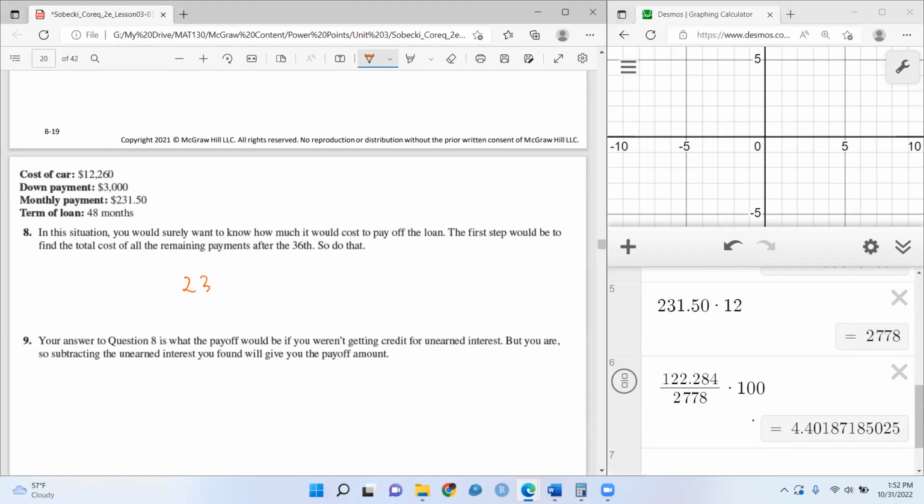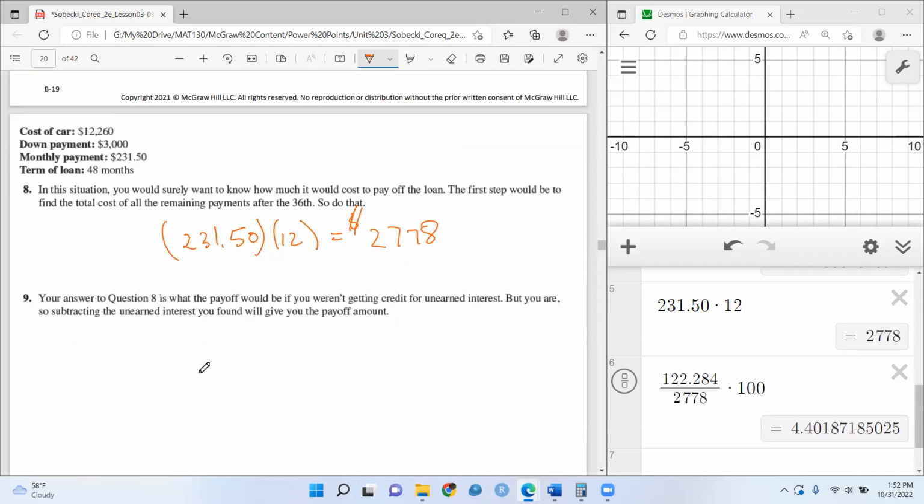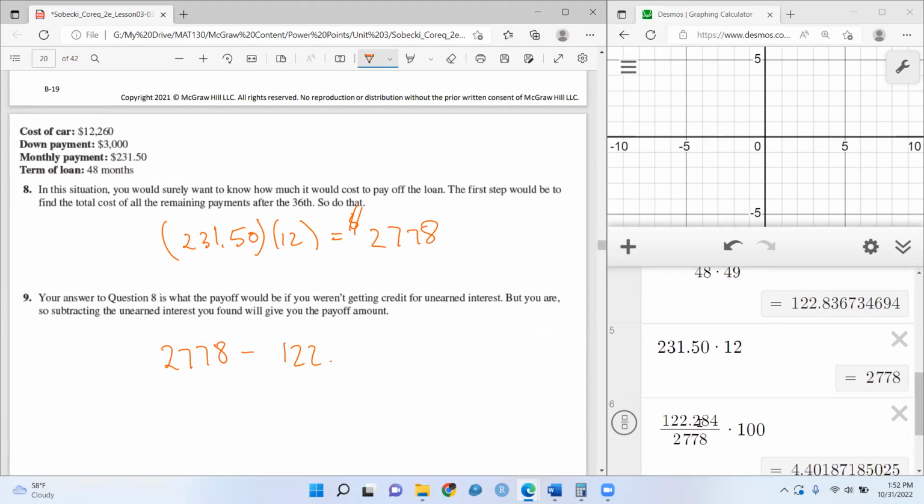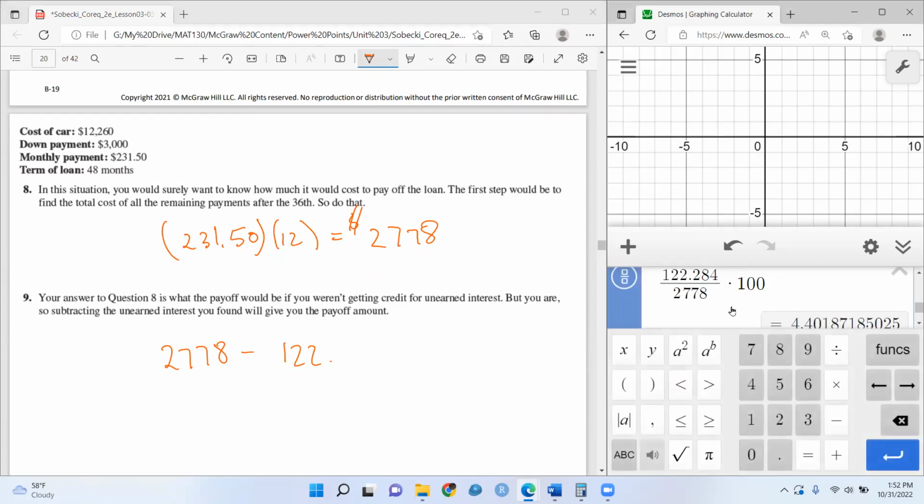That's 231.50 times 12. That's how much remains. Now, since we're paying it off early, we get to subtract from this the amount of interest that we aren't going to have to pay, which is 122.84.